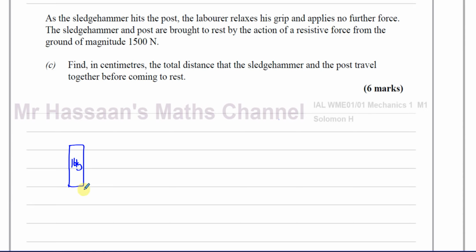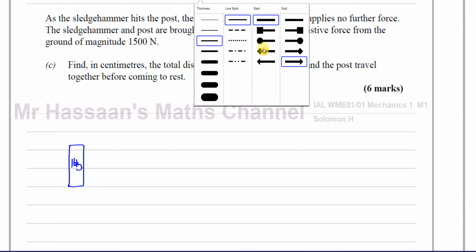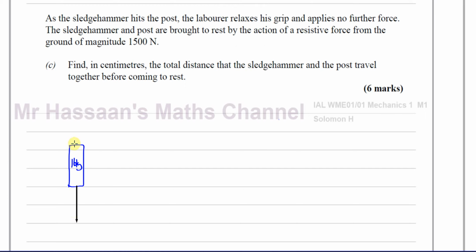Let's think first about the forces acting on this object. Once the person has relaxed his grip, the only force besides the resistance is its weight. So you've got the weight of the object, 16g newtons, acting down, and acting up is the resistive force from the ground, which is 1500 newtons.